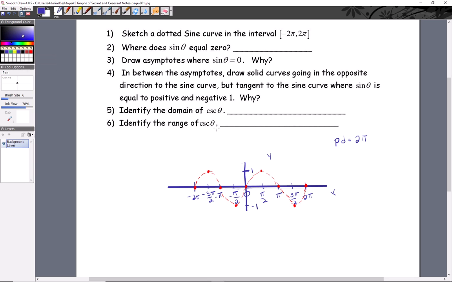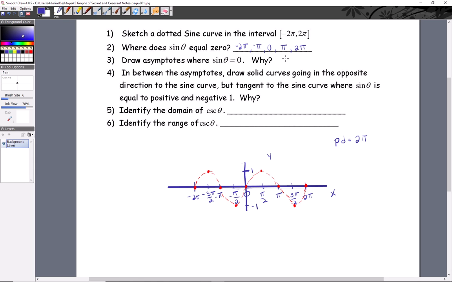Well, it's going to equal 0 on any of these anchor points, on the x-axis. So it's going to be 0 at negative 2 pi, negative pi, at 0, at pi, and at 2 pi. And they want us to draw asymptotes where sine theta equals 0.